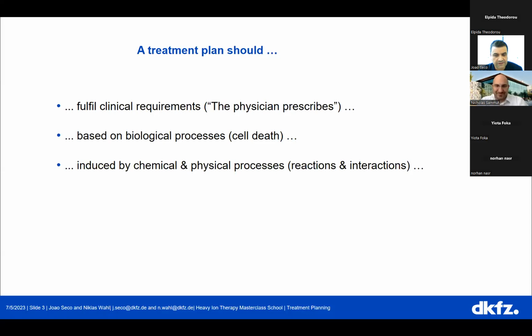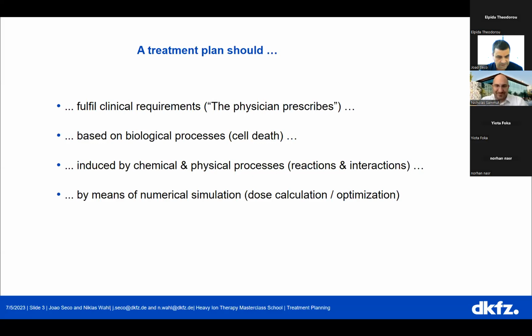And above everything, you have to model many times the physical and the chemical processes in the form of reactions or interactions. Most of the treatment plannings do mostly the physics interactions, not so much chemical, but this is also coming online now in many of the new softwares. And in the form of dose calculation and optimization, you try to build an optimal plan that in principle you would then deliver to the patient.